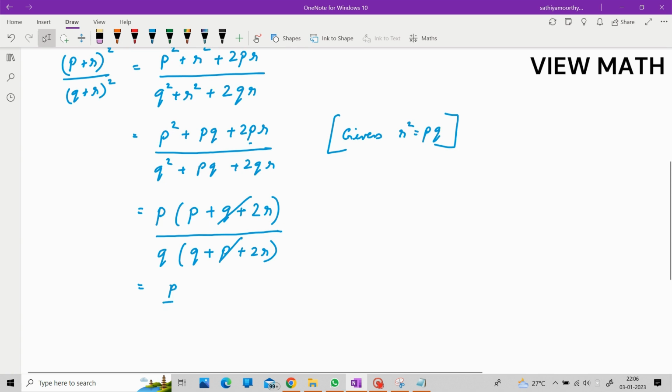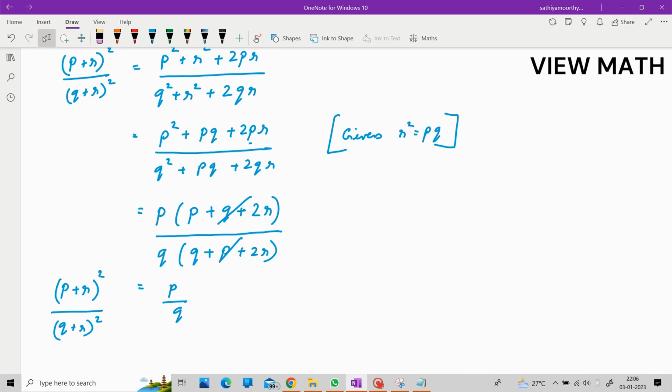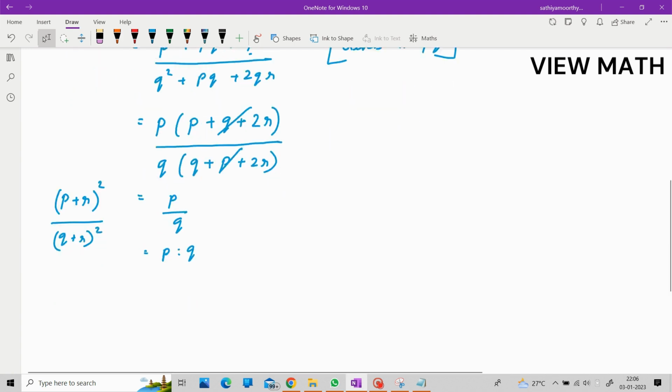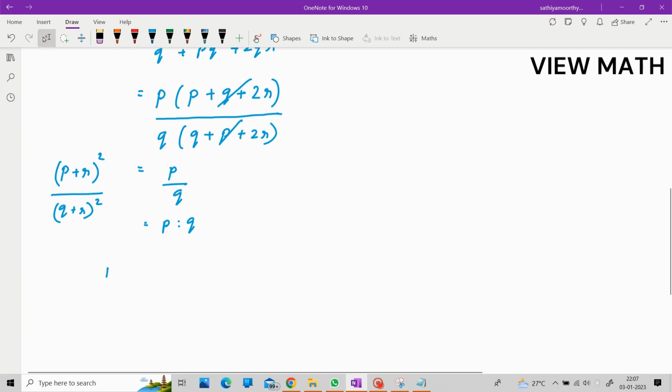So we have proved that the duplicate ratio of p plus r the whole square by q plus r the whole square is equal to p by q, that is p is to q. Hence proved.